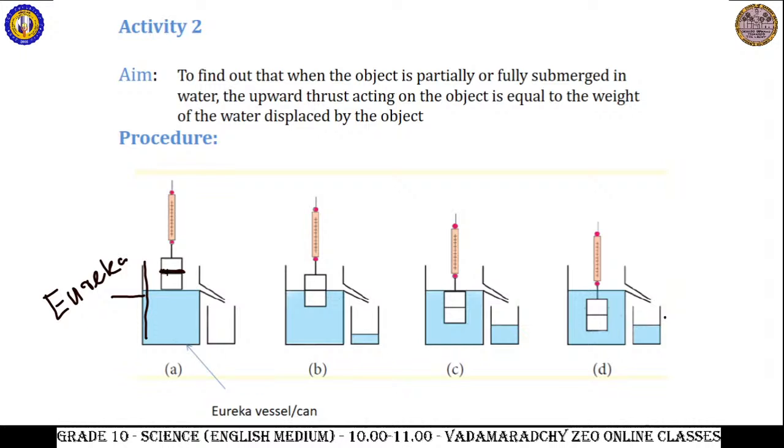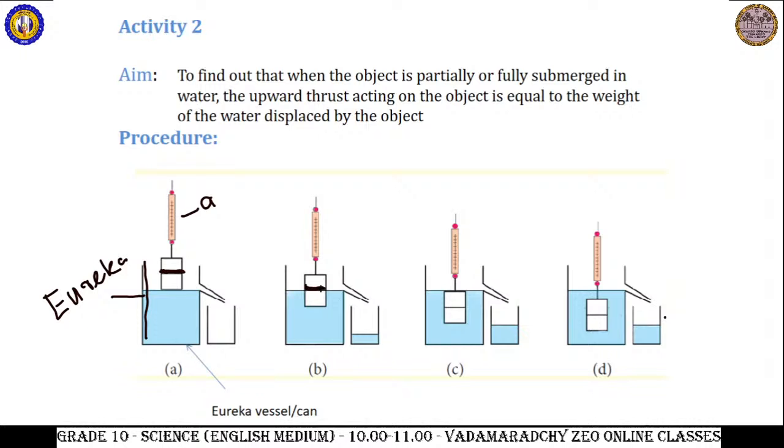In the first instance, we just hang the metal cube in the Newton balance and get the reading. We assume it as A. Thereafter, we have to immerse this metal cube up to the mark point into the liquid.